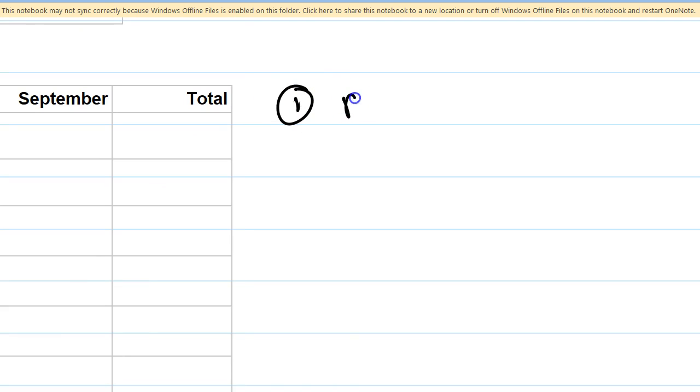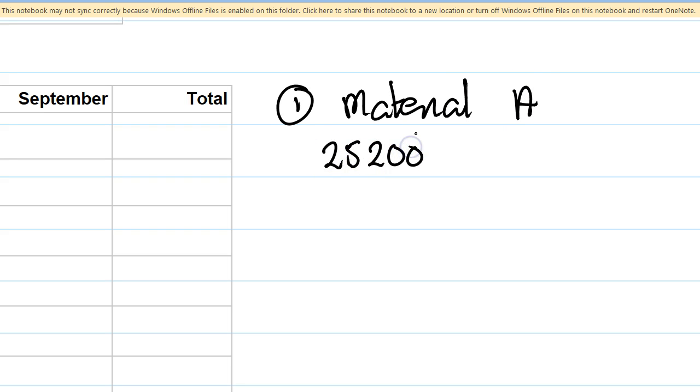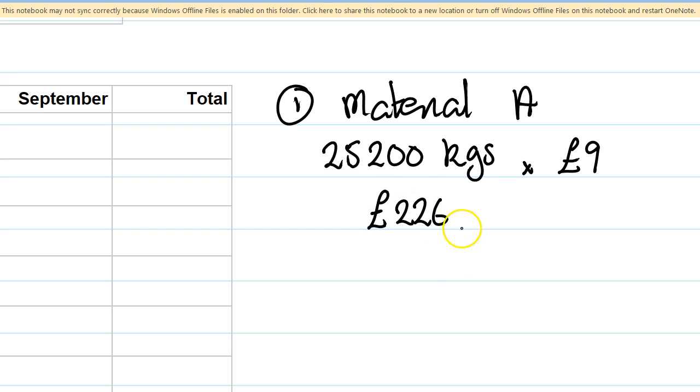Material A, we have a usage of 25,200 kilos, which is what we're going to use to make our production. And we're going to multiply that by £9 a kilo, and that will give us £226,800.